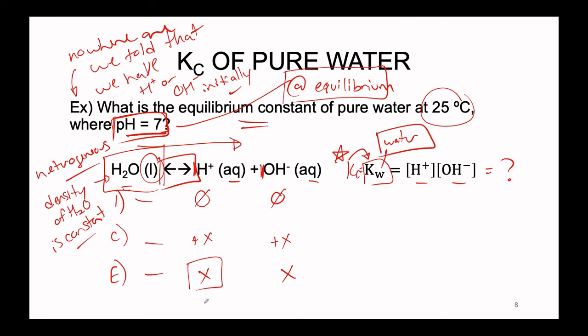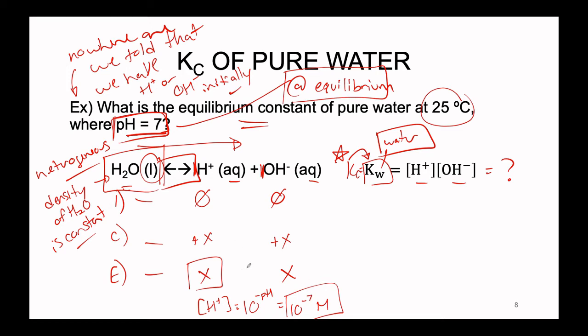Now, if our pH is equal to 7, our concentration of H plus is equal to 10 to the negative pH. In other words, the concentration of H plus is going to be equal to 10 to the negative 7 molar. So the pH equal to 7 tells us that at equilibrium, once this water has settled into its own inherent nature, reversibly reacting, creating some H plus and OH minus, the H plus concentration is going to be equal to 10 to the negative 7.